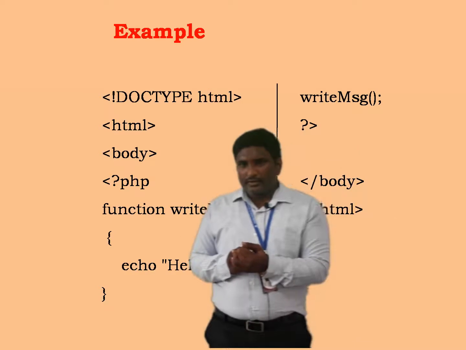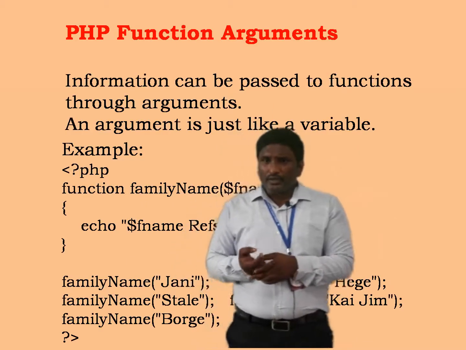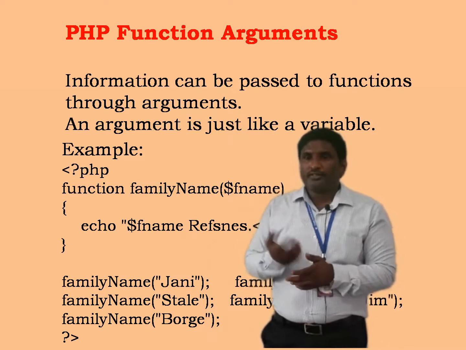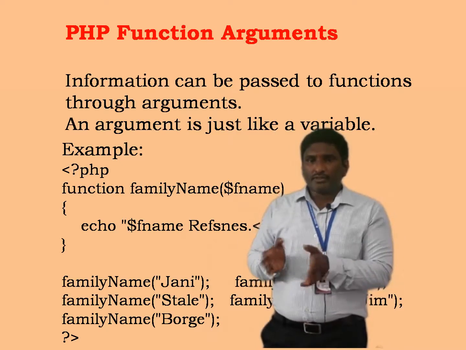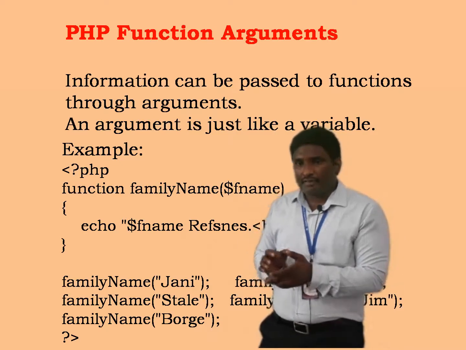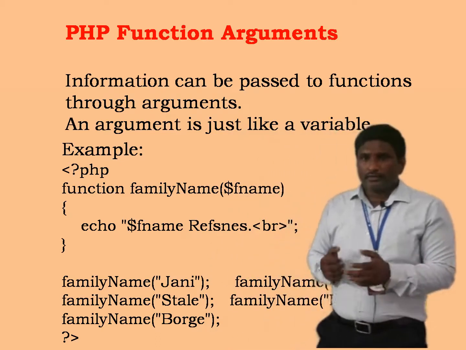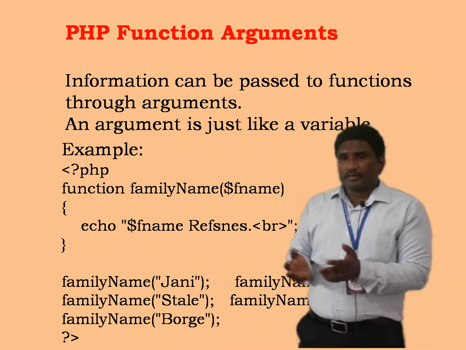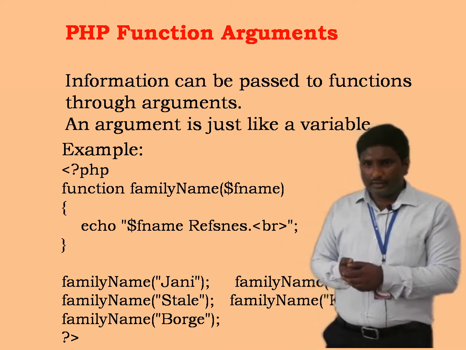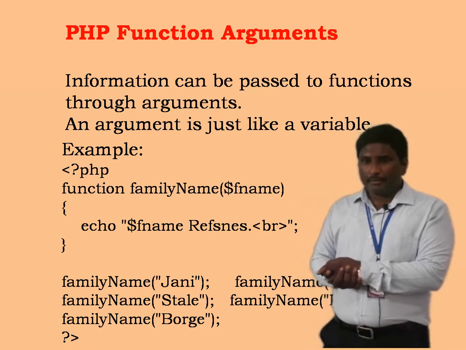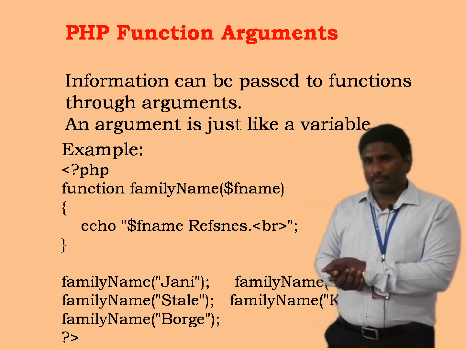Next. The previous program showed just how to create a function. This program shows a function with arguments. If the function has arguments, how can you write it? Arguments are like variables. In this example, my function name is familyName, and the argument is $fname.